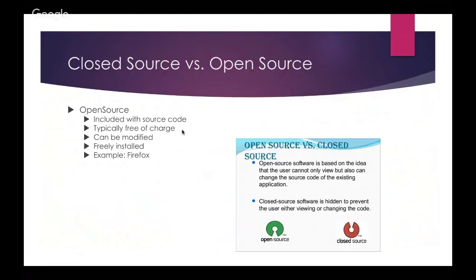Also, open source software is based on the idea that the user can not only view, but also change the source code of the existing application. Closed source software, which I will be talking about in my next slide, is hidden to prevent the user from either viewing or changing the code.